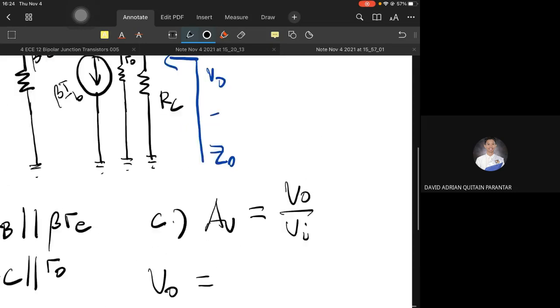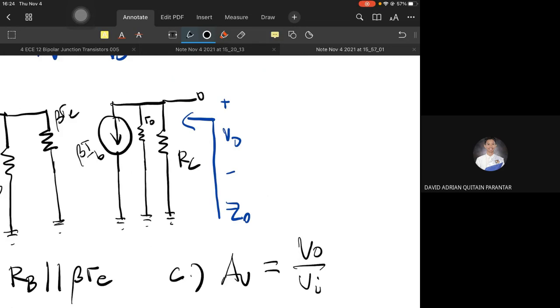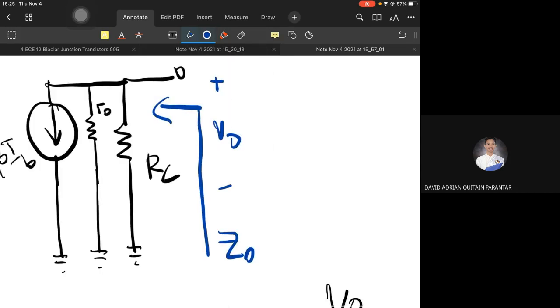So, back to AV. How do you compute for the voltage gain? VO is equal to this current, whatever this is, let's call it IO, times RC, supposedly.